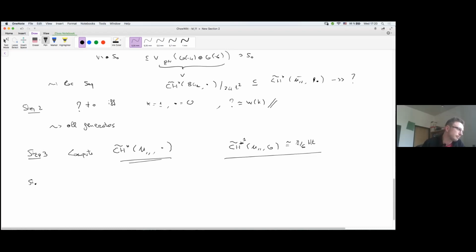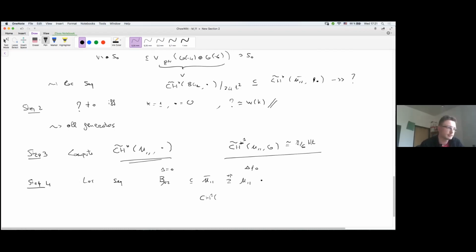And step 4, to conclude, is to look at the localization sequence associated with M11 bar, the open subset M11, and the closed complement mu2, which correspond to, as I said, discriminant non-zero and discriminant 0, and see that the class that we have defined earlier, so basically picking up a generator of the Witt ring and choosing a lift here, okay?